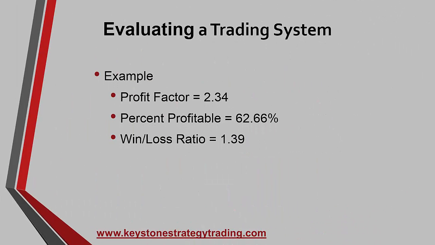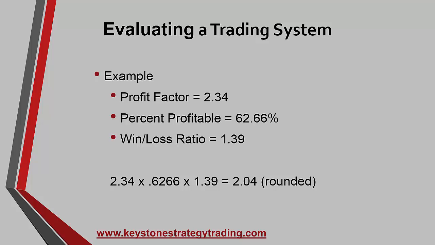So with a profit factor of 2.34 and a percent profitable of 62.66, we're actually going to use 0.6266 in our calculation, as this is a percentage, and then we're going to multiply that times 1.39. So here's what the calculation would look like: 2.34 times 0.6266 times 1.39, and the result is 2.04, and that is a rounded number.